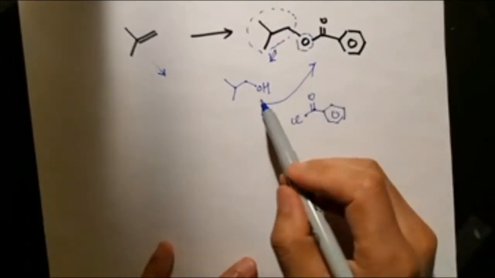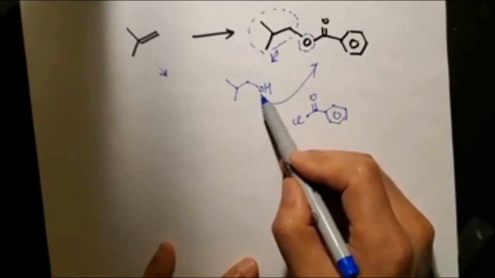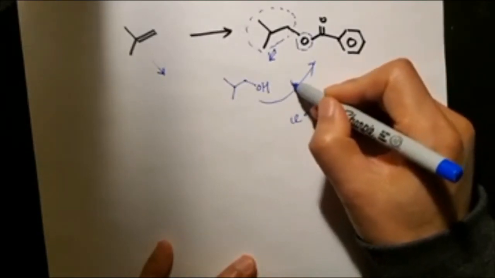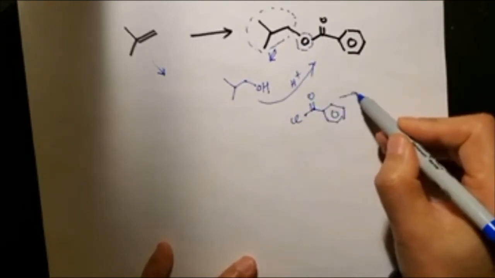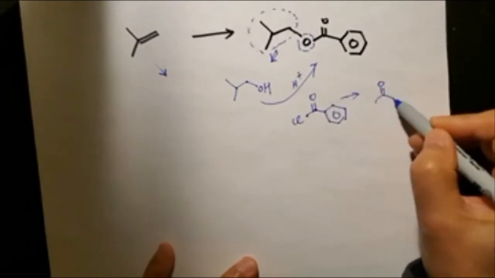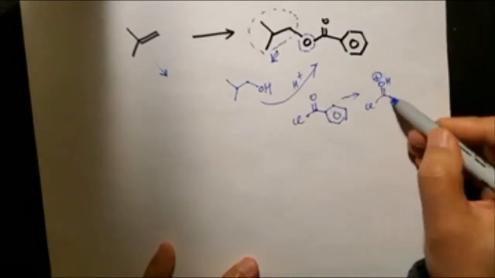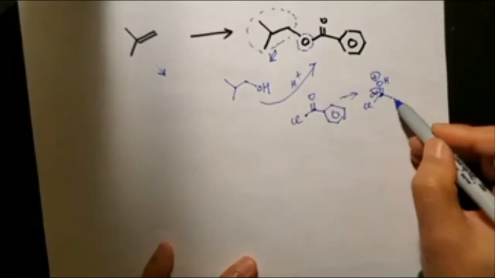If you don't like the fact that this is a weak base and maybe it will have a hard time attacking, you can try a couple of catalysts. You can first try H+. H+ can get on the oxygen, making it more reactive, inducing more plus charge, giving more chance to attack on the carbon.